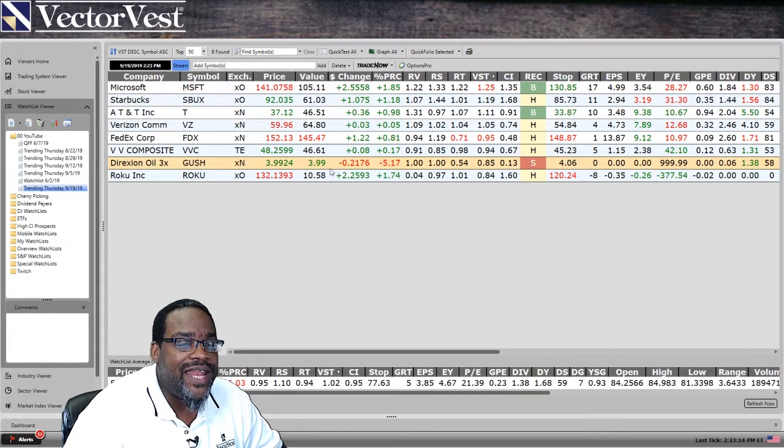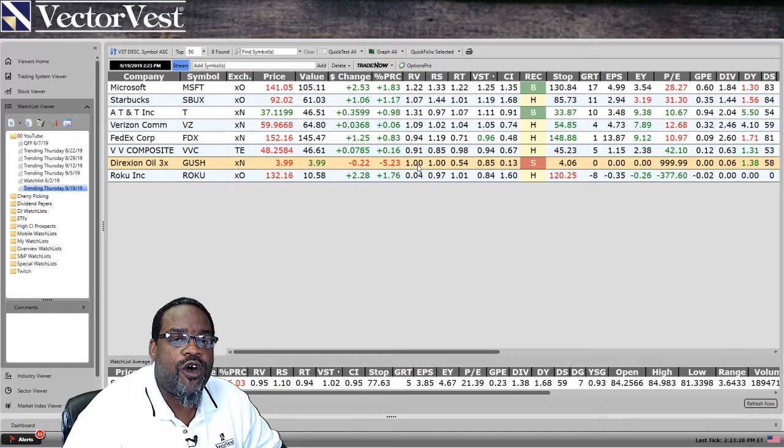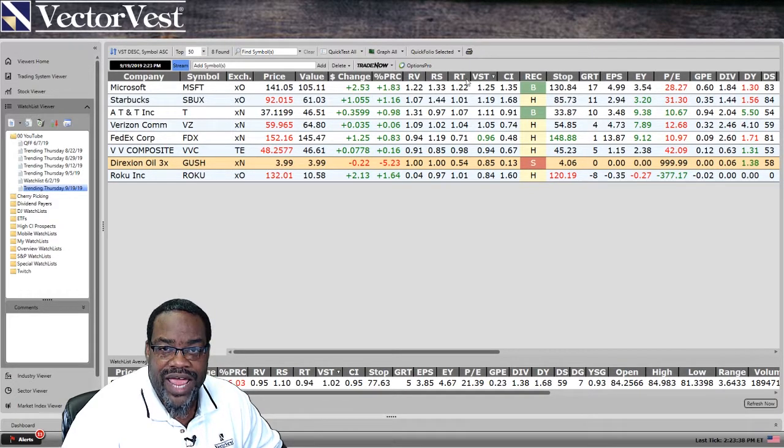When I'm looking at an ETF, or an exchange traded fund, the price and the value will always be the same. And the indicators like relative value and relative safety, which are found here, will always be at a value of 1 because these indicators are hard to track when you're looking at an index or a basket of stocks. So what's going to be most important to me is our indicator RT, or relative timing.